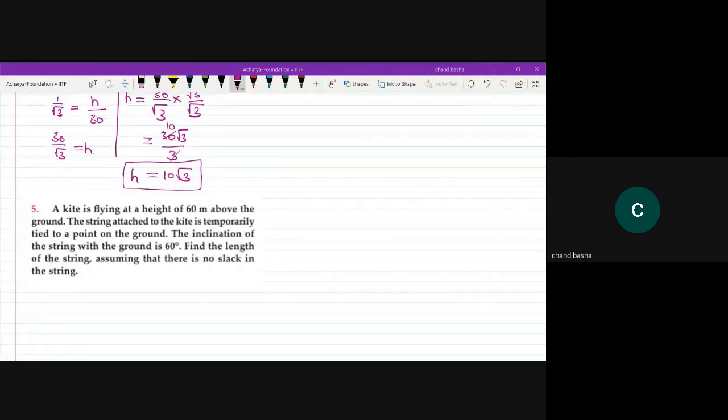A kite is flying at a height of 60 meters above the ground. The string attached to the kite is temporarily tied to a point on the ground. The inclination of the string with the ground is 60. Find the length of the string, assuming that there is no slack in the string.